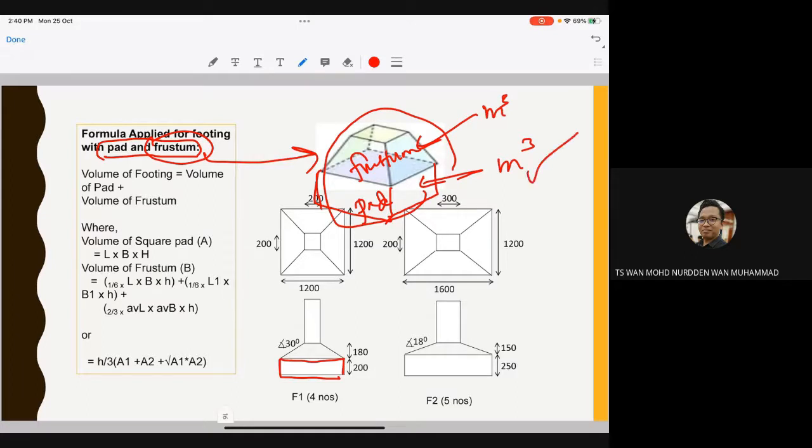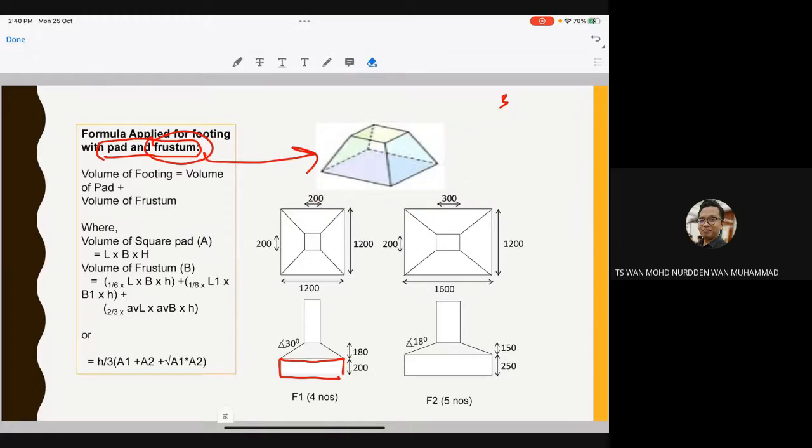This is a normal one. You boleh kira panjang dan lebar dan tinggi dia akan dapat. Cuma untuk frustum tu there is some formula that you need to use. Okay. You can see where volume of the square A. Okay.